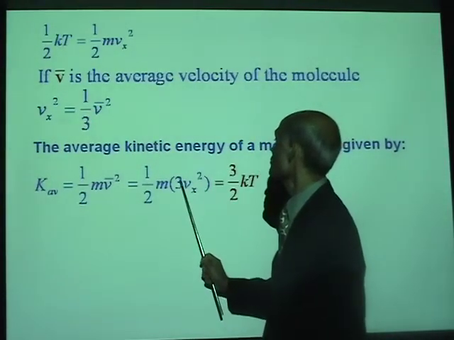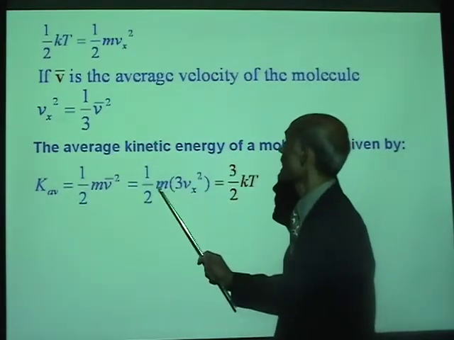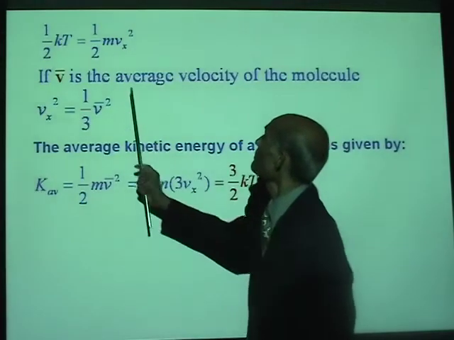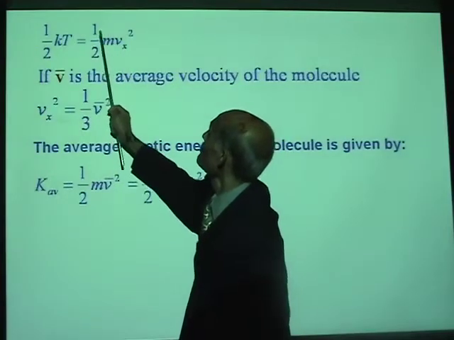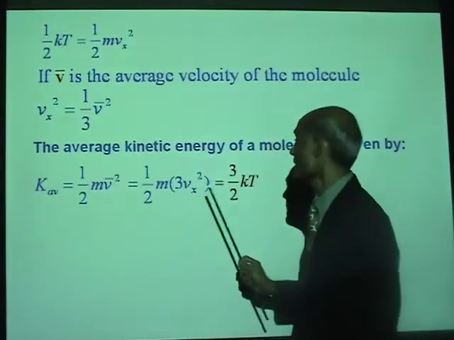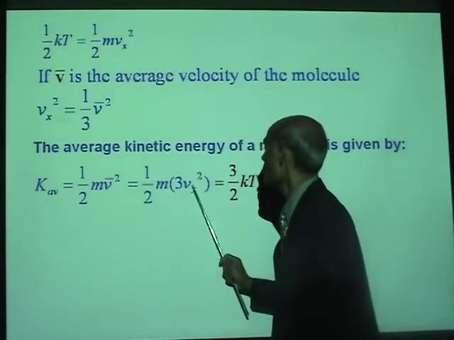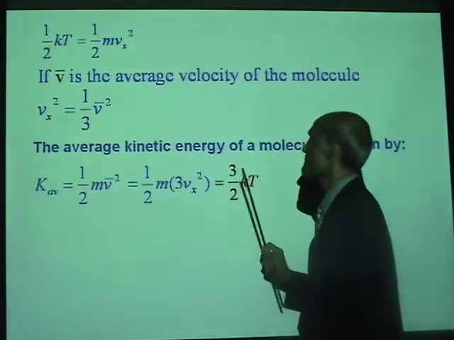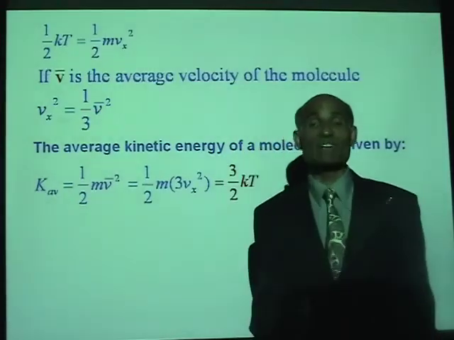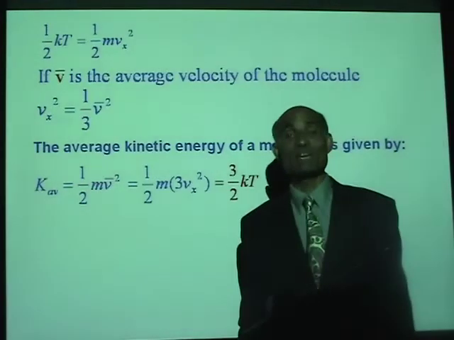I'm going to take this 3 over 2. Look at that. This 3 came out, became 3 over 2. And m vx squared, if you take away this 1/2, m vx squared equals kT. So I took that 3 out and put it there and replaced m vx squared by kT. And a very important result: the average kinetic energy of a molecule is 3 over 2 kT.